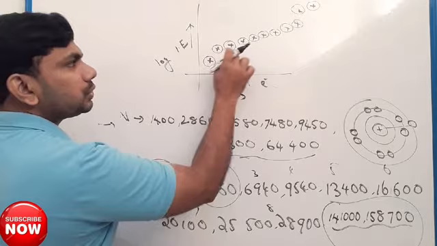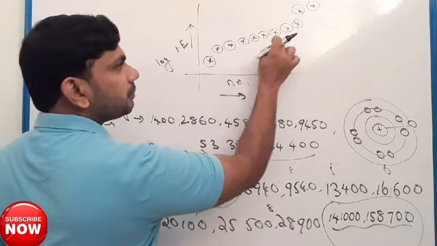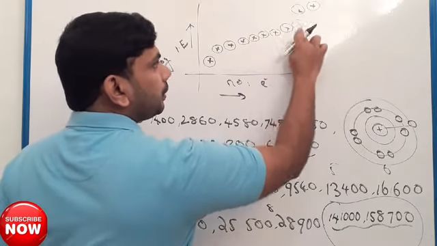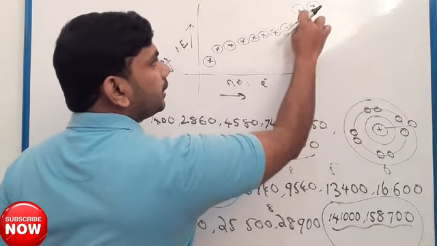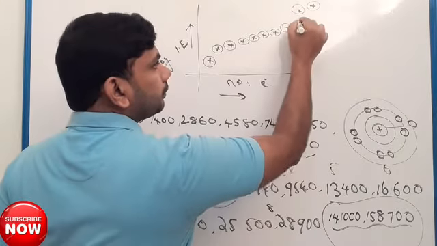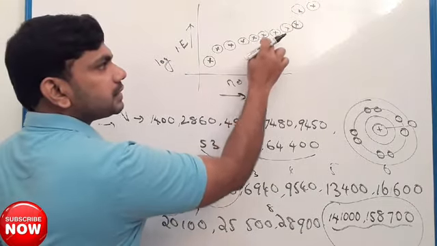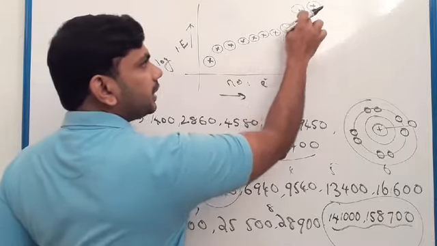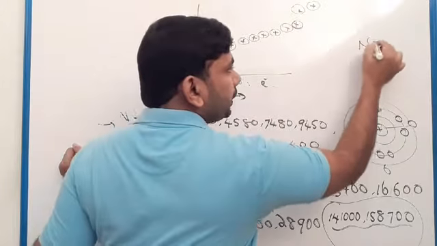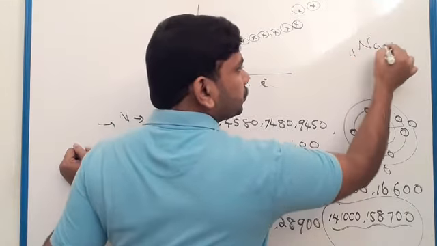Okay, 1 2 3 4 5 6 7 8 9 10. Okay, here 1 2 3 4 5 6 7 8 9 10 11. We know sodium, there is 11 electron.